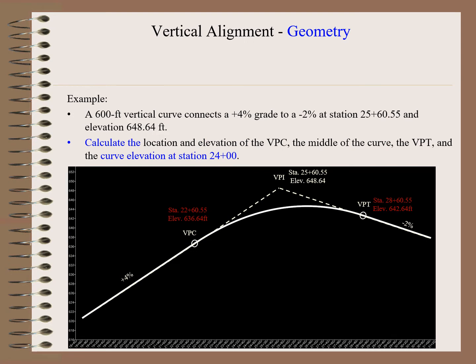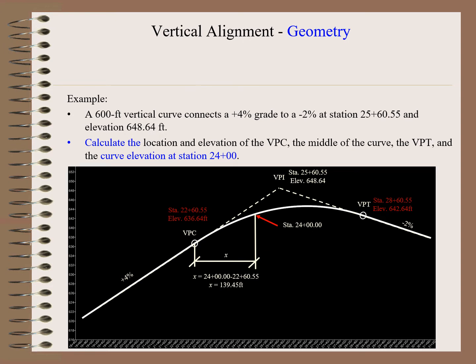The next thing we're going to do is calculate the curve elevation at station 24 plus naught. Station 24 is at this location. It's some X distance up from the VPC location. The X value is simple to calculate. It's just 24 plus 00 minus the VPC station value.